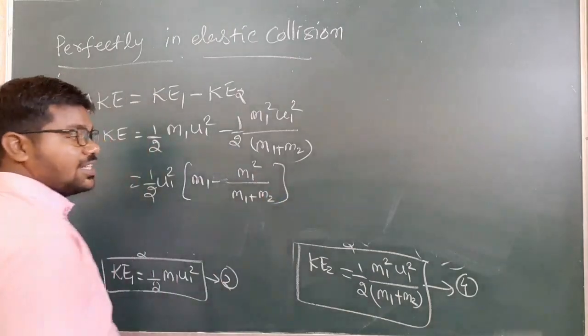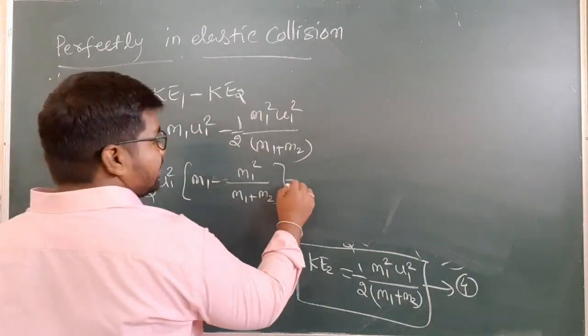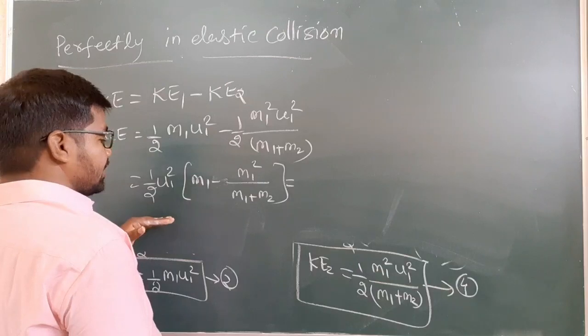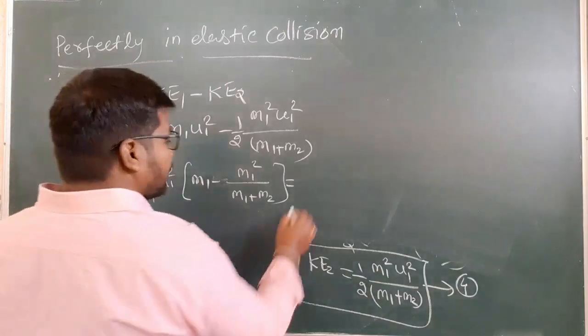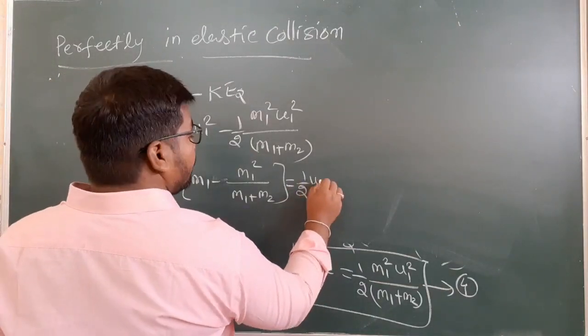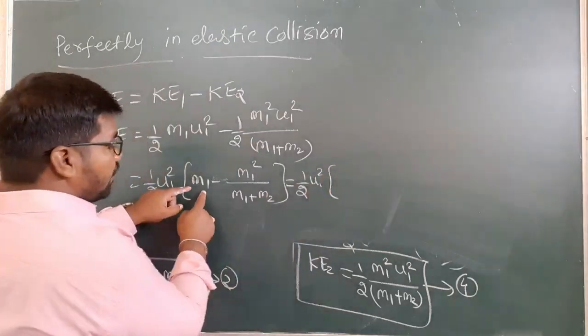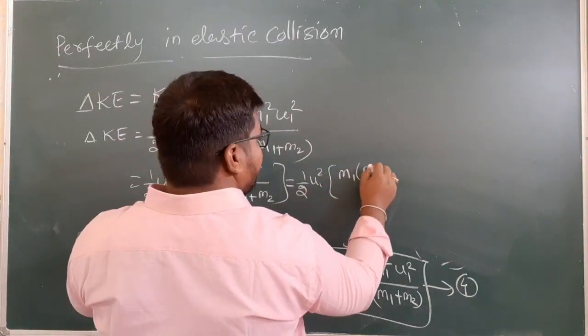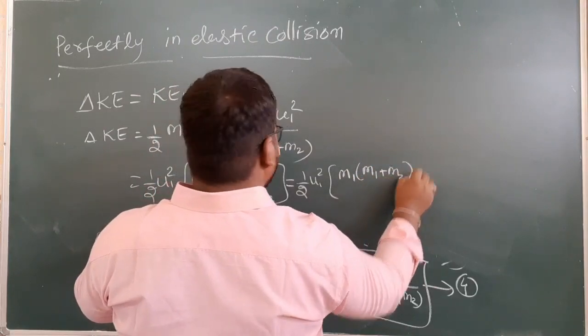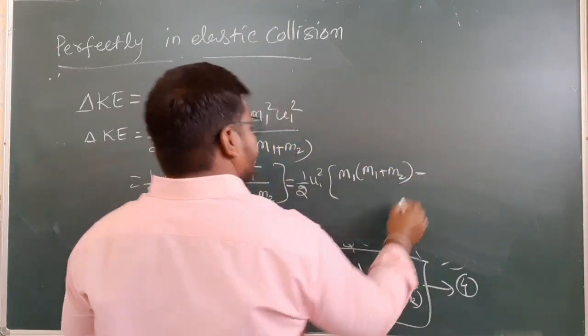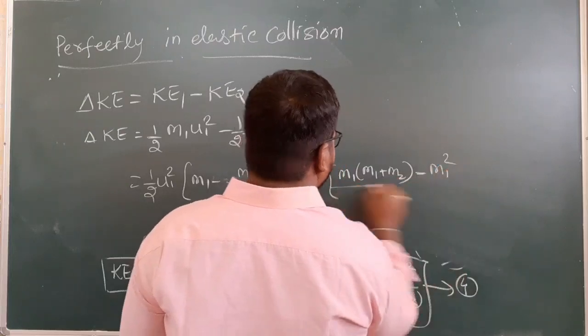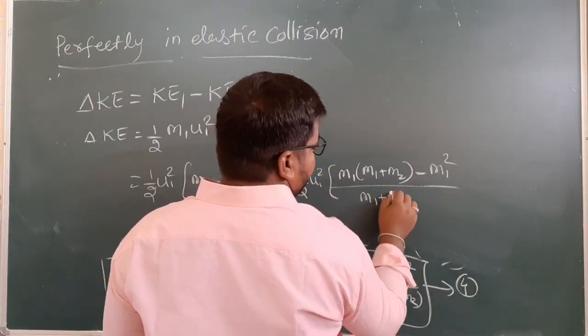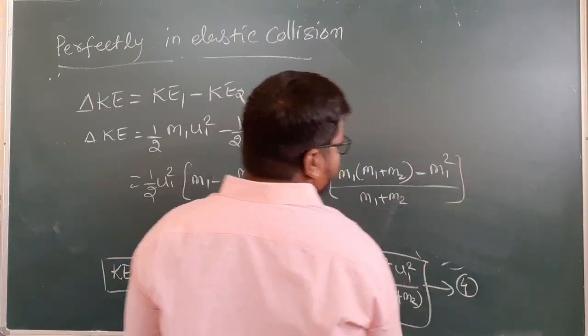Rearrange this, my children: 1 by 2 u1 square into m1 into (m1 plus m2) minus m1 square, divided by m1 plus m2.